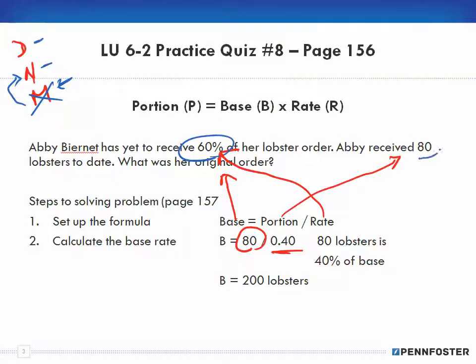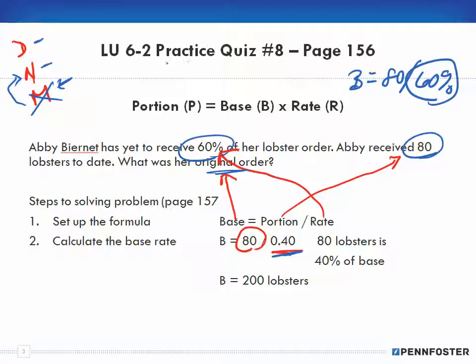They can say, okay, that's directly related, and it's asking me for the original order. So they'll set up their formula as the base is equal to 80 divided by the 60%. And we see that's wrong because this 60% needs to be modified. Abby Burnett has yet to receive 60% of her order.